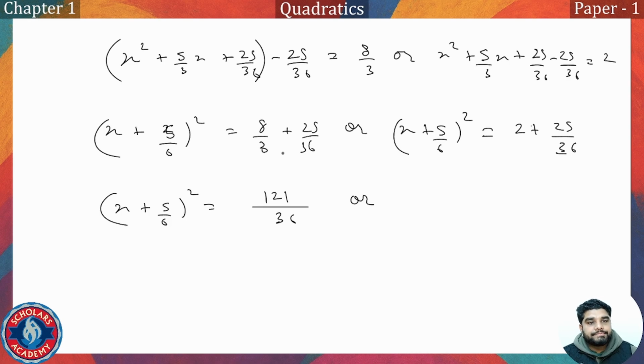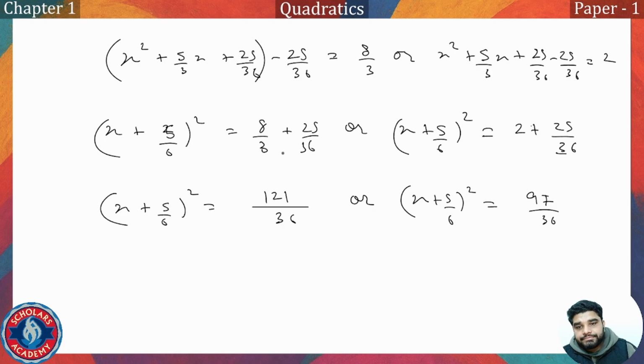Or (x + 5/6)² = 72/36 + 25/36, 72 plus 25 is 97, so 97/36.